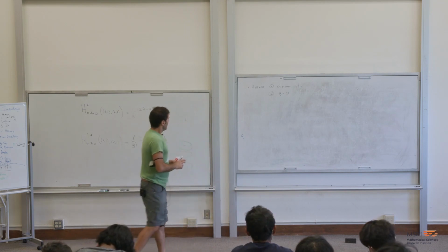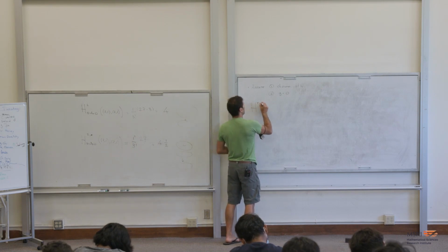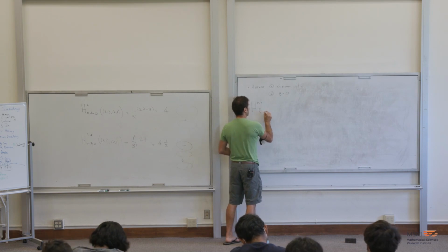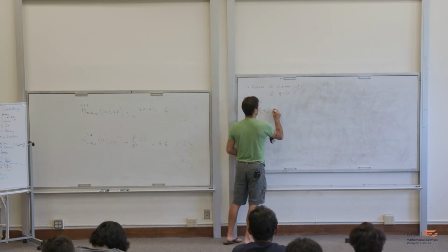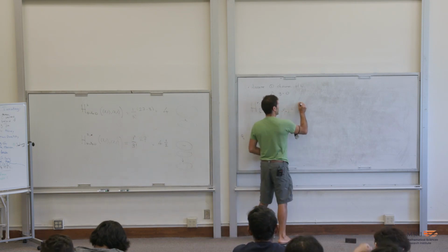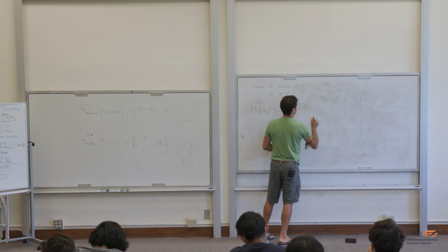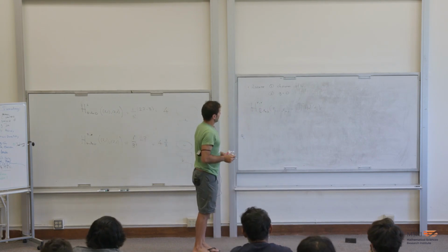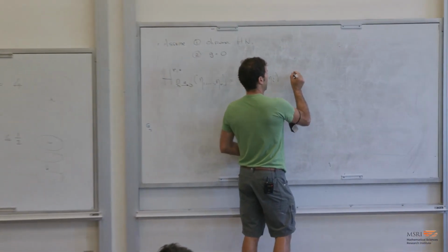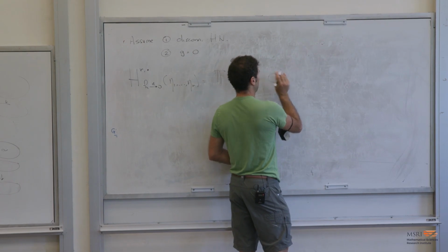Then the Hurwitz number H_0, divided by the product of the automorphisms, has another nice formula, which is: let me write it this way.